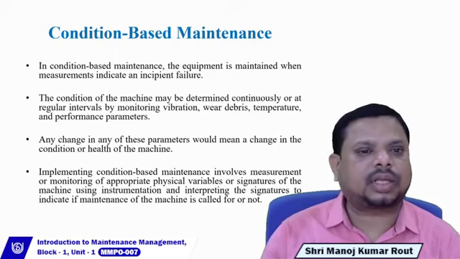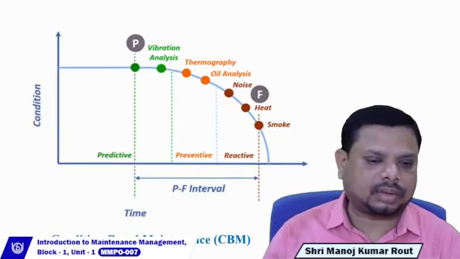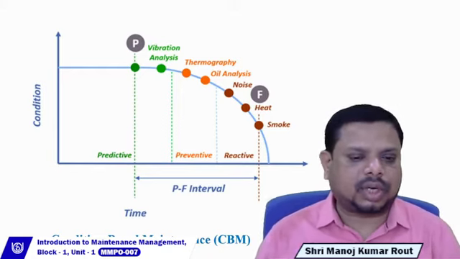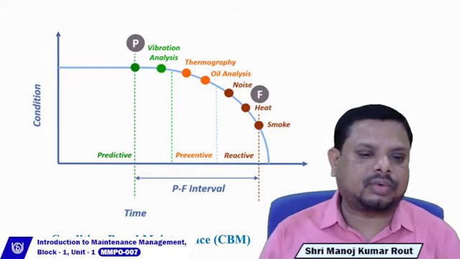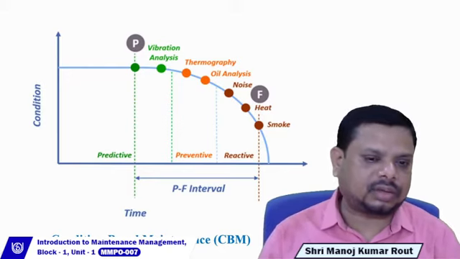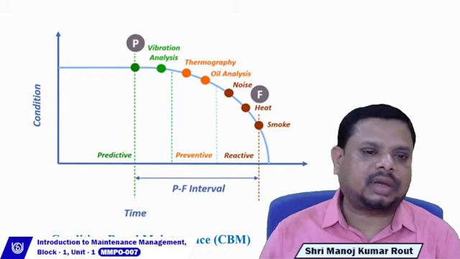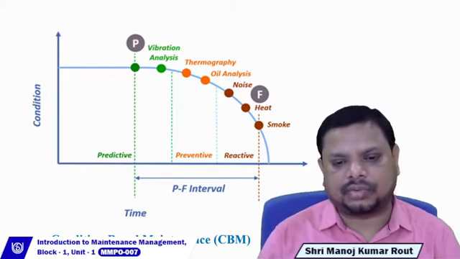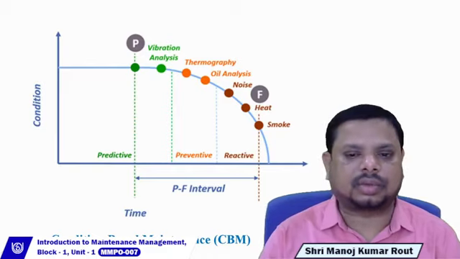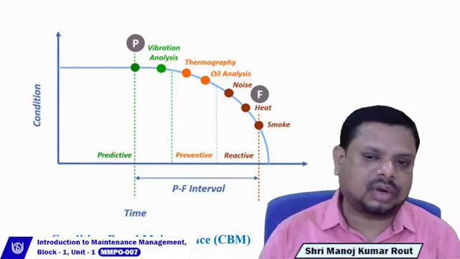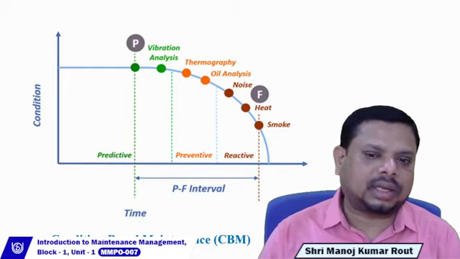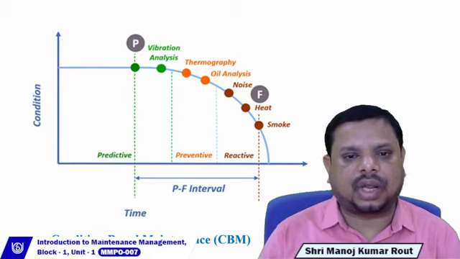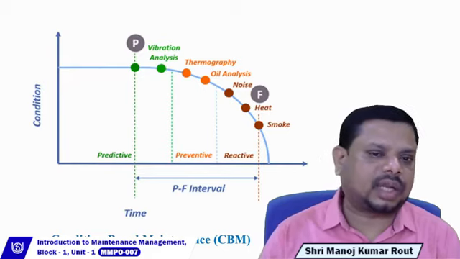Moving to the next one, this is predictive maintenance, or condition-based maintenance. Here we go for preventive failure intervals. Before implementing predictive maintenance, we identify the various faults. For example, we have smoke in the case of gearboxes or motors, then higher heat, higher noise, oil analysis, thermographic analysis.